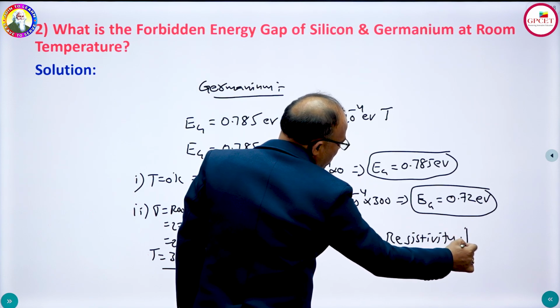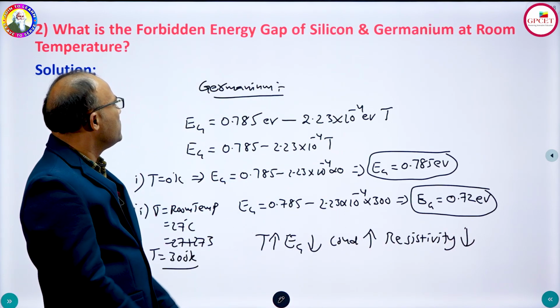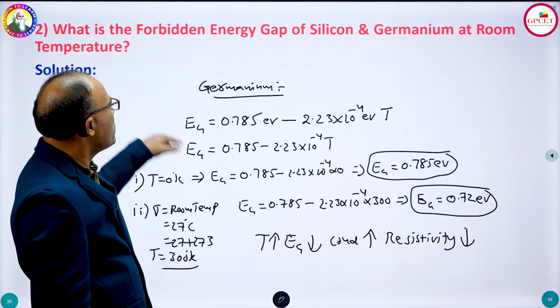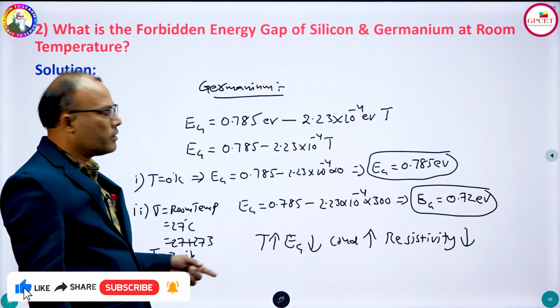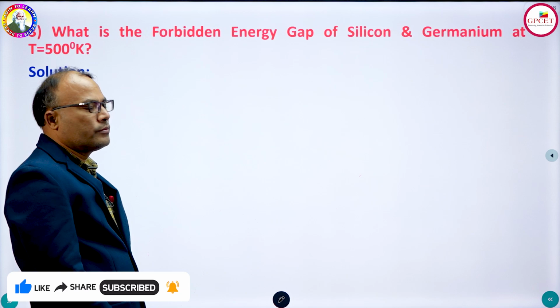This is the concept of energy gap, the forbidden energy gap of silicon and germanium, at room temperature and also at 0 degree Kelvin. The same thing you can apply for 500 degree Kelvin also.